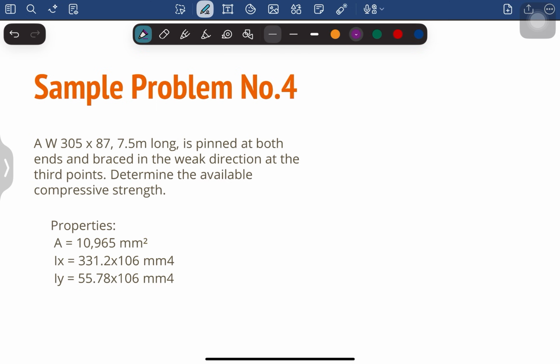So let's draw the figure. It is pin at both ends. So pin siya, both ends.